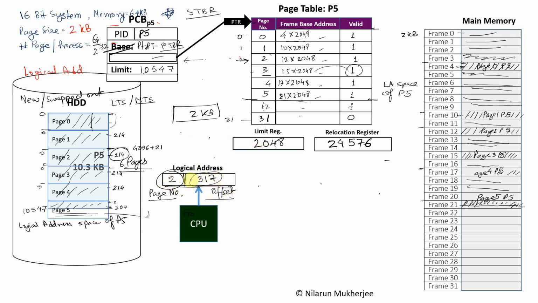The only difference here is that there the segments were of different size, here the partitions are of the same size. Another difference is that there we were fitting wherever there is a hole large enough to fit that segment.